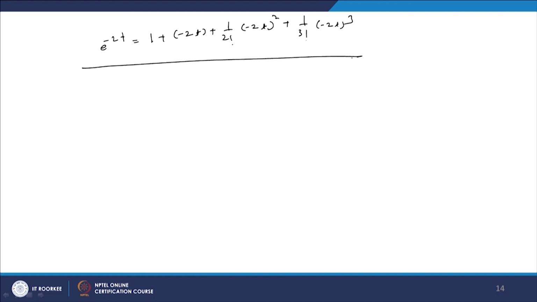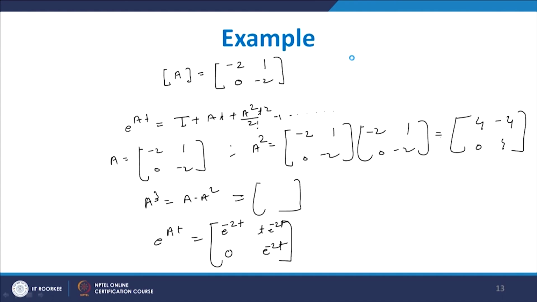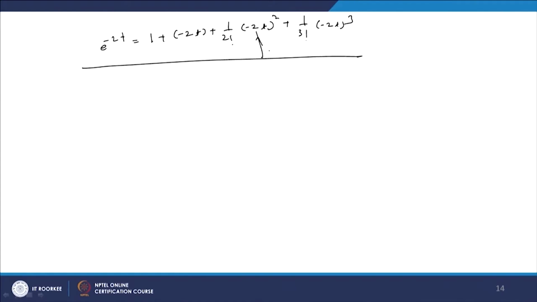This is e raised to minus 2t. Similarly, we will get t e raised to minus 2t, 0, e raised to minus 2t. So, these are very simple calculations, you can easily do it, but here the main intention of this example is that sometimes it may not be possible that you get similar type of results, that is instead of minus 2 sometimes we will get 4, it may be 7.